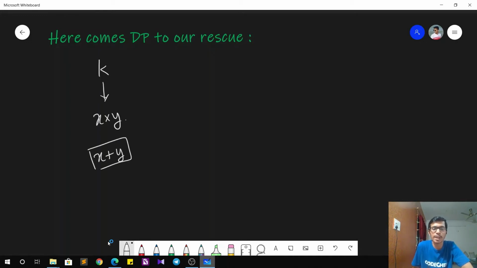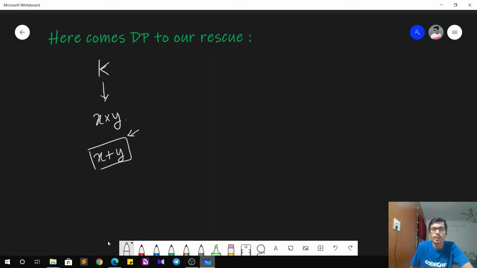Because if we know the minimum length, then we know that any length greater than that can yield us a sequence. So for any given k, if k can be represented as x into y, then the length is x plus y. And if you want to minimize this, this can be done using the sieve of Eratosthenes in the following manner.